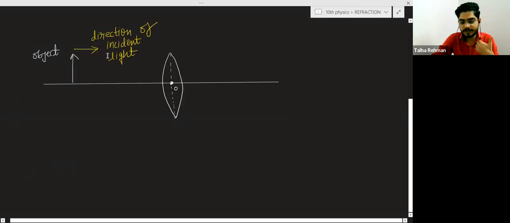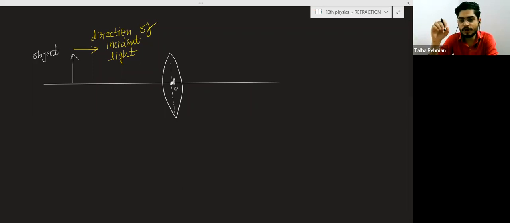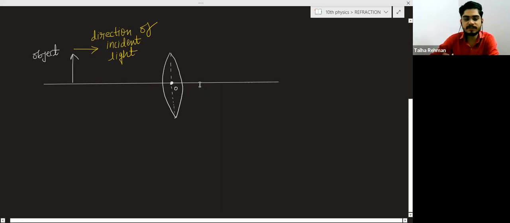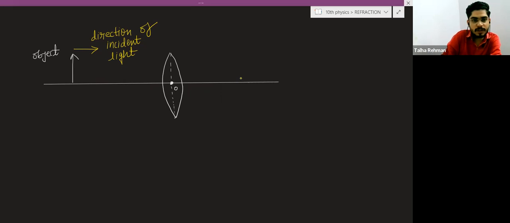So with respect to the direction of the light, in which direction the light is coming or going, we will describe the sign convention. And always remember that you will always measure the distance from the optical center, and if you want to measure the height, you will measure with respect to the principal axis.